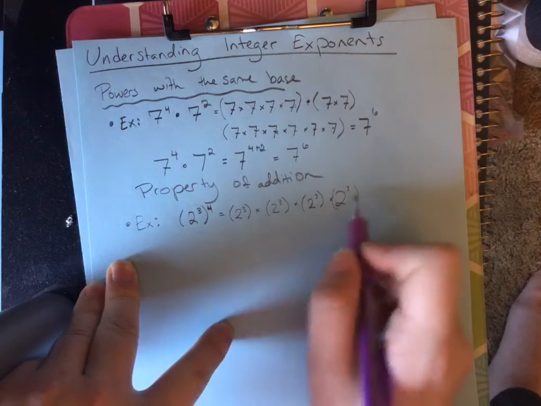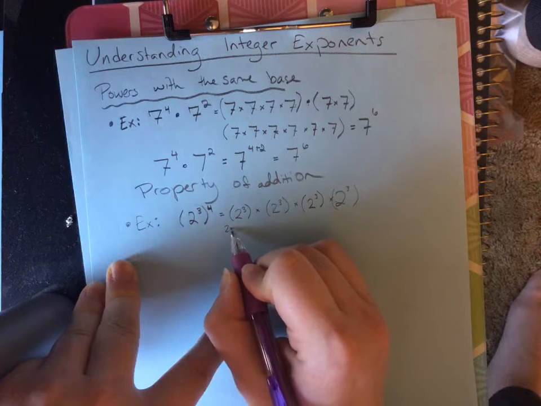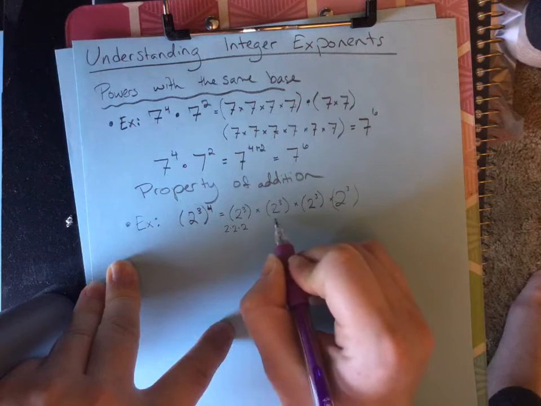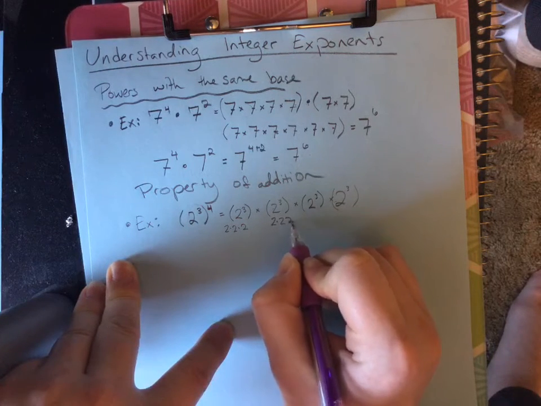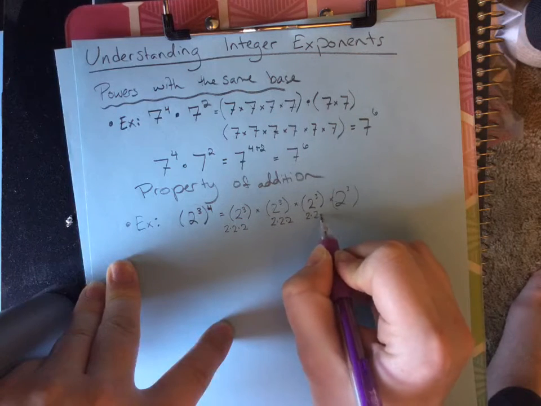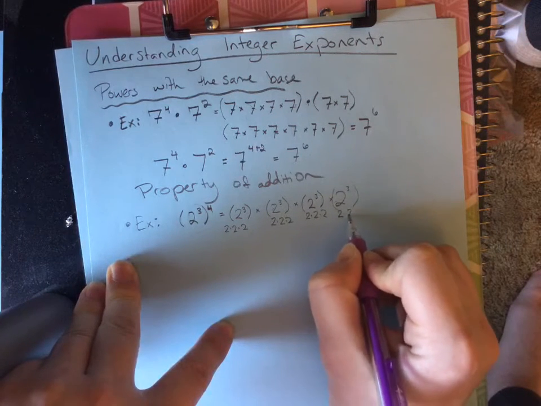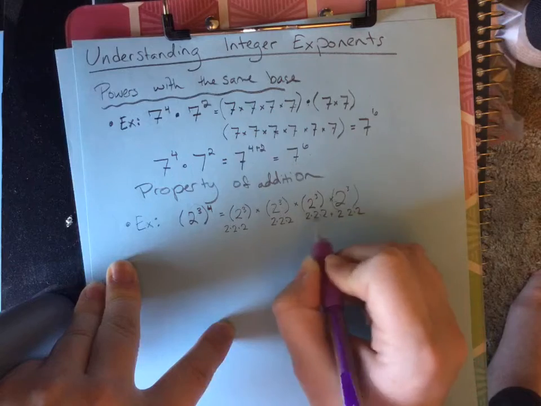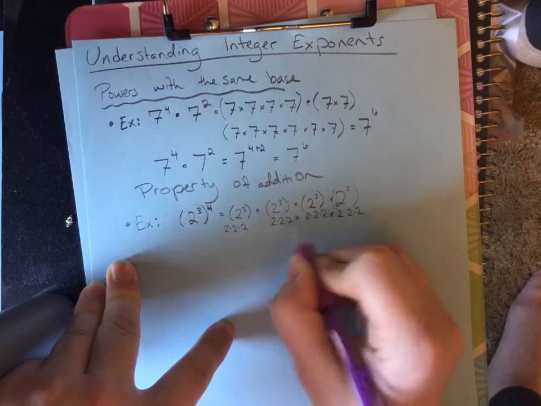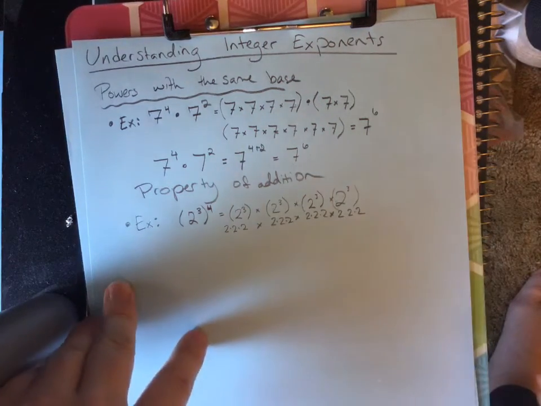And now each one of these is 2 times 2 times 2, 2 times 2 times 2, 2 times 2 times 2, 2 times 2 times 2. And each of those is being multiplied together.